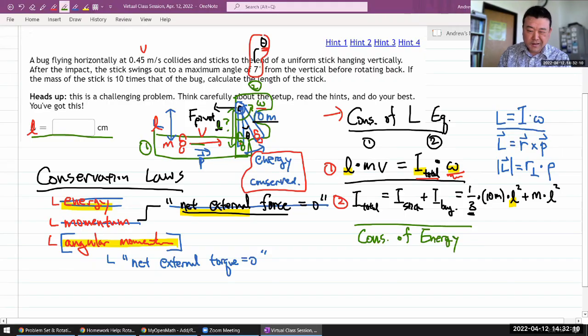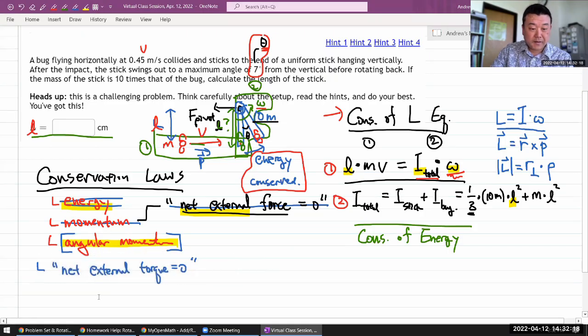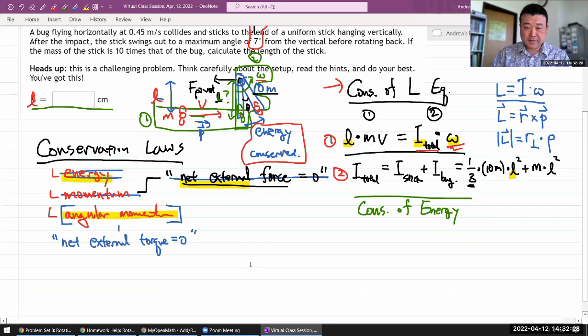So this is kind of like a pendulum, except more complicated, because it's not a simple pendulum. I have to basically think through the whole extended body of things. A portion of it is simple, the bug. The bug is being treated like a point mass, so the bug portion will be simple.